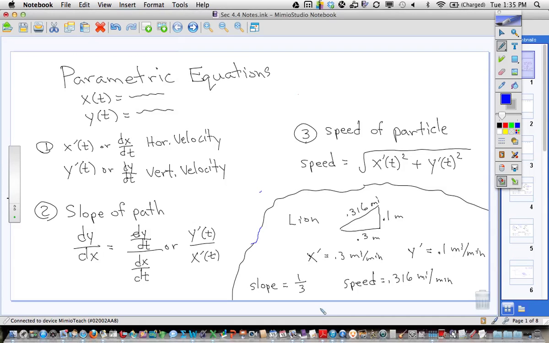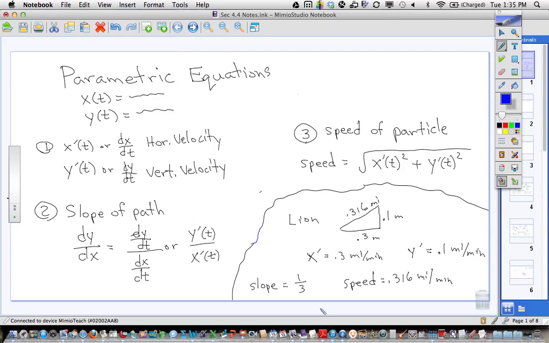Now we can get that though, and think about that now. That's your change in y over change in x. That's the slope of the path, change in y over change in x. We could get that by doing the vertical derivative divided by the horizontal derivative. Really, that's what 0.1 and 0.3 were here.